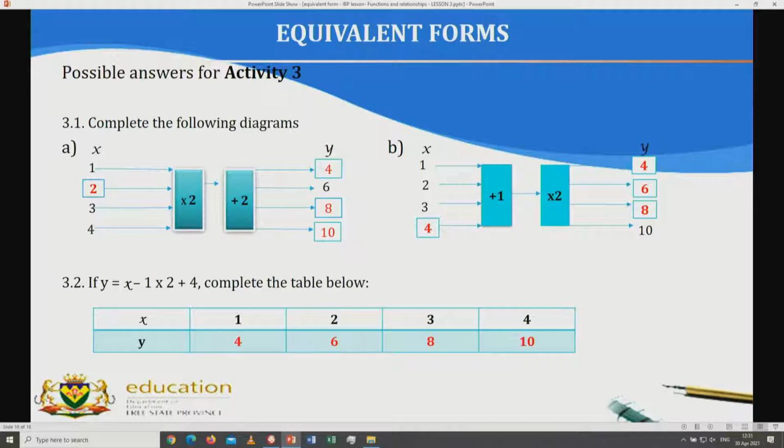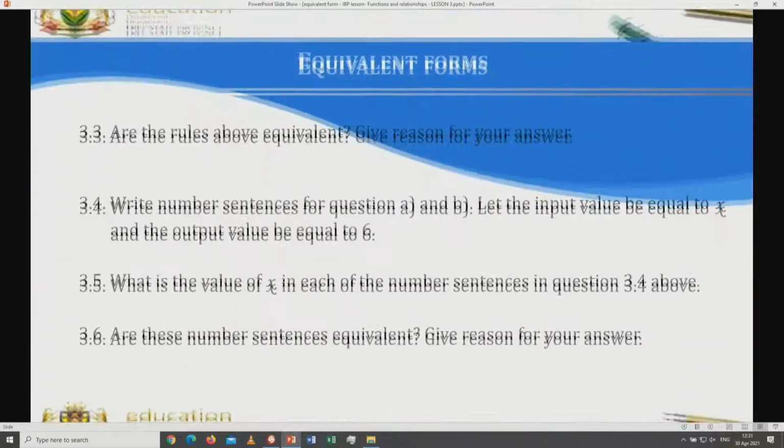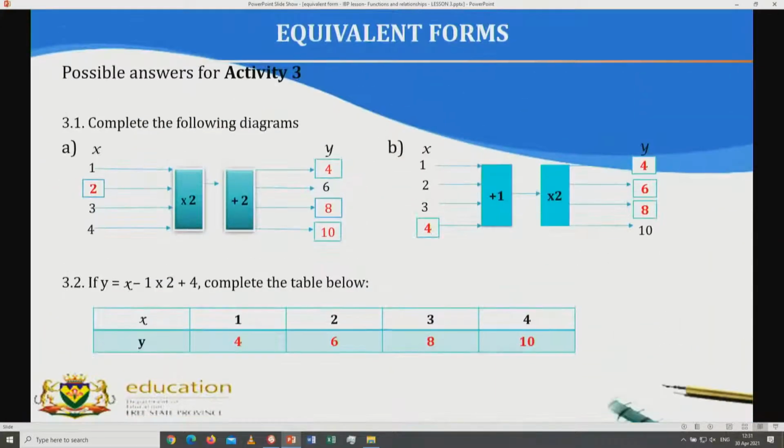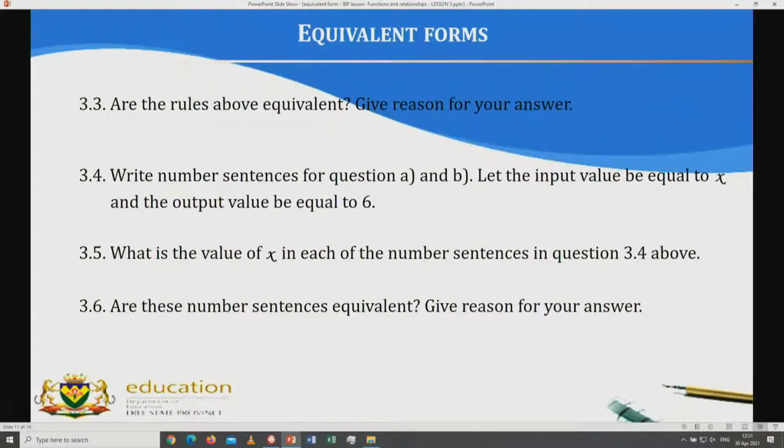Therefore, when you look at all those 3 diagrams, we have to give our observation on them. Now, using the 3 diagrams, you have to answer these questions.